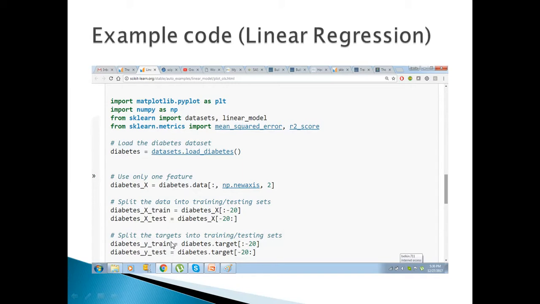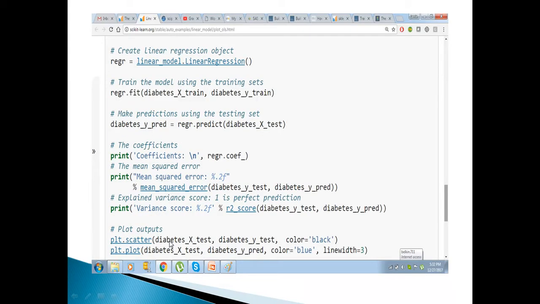Then, after splitting test and train, we get a linear regression model in place, and then we get the predictions out of the data.